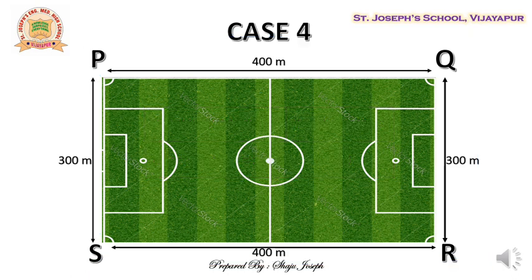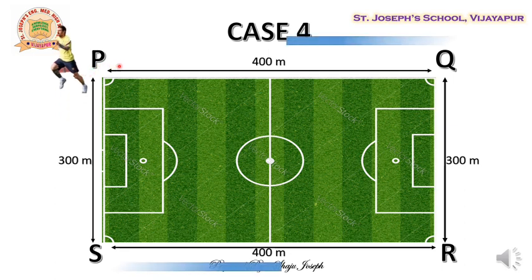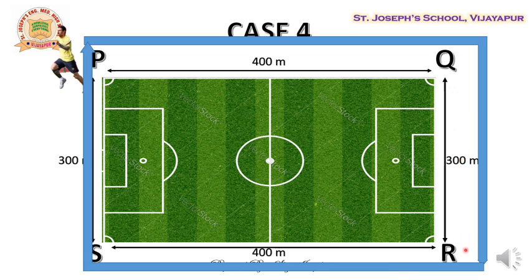So last but not the least, I am going for case 4, which is a little special case. Let us see now. The player starts from P, moves to Q, then Q to R, from R to S, and all the way from S back to P. In this case, he covers about 400 plus 300 plus 400 plus 300, altogether 1400 meters.